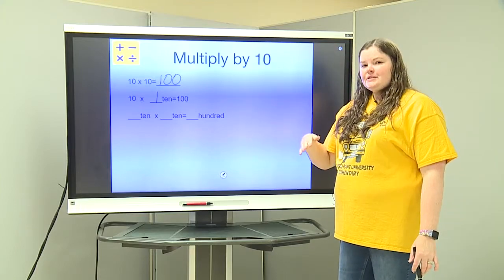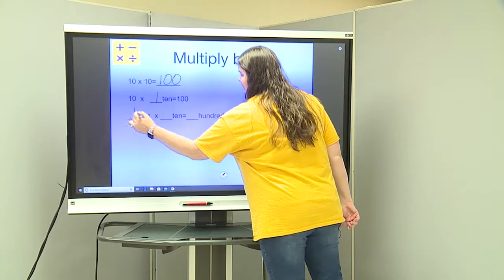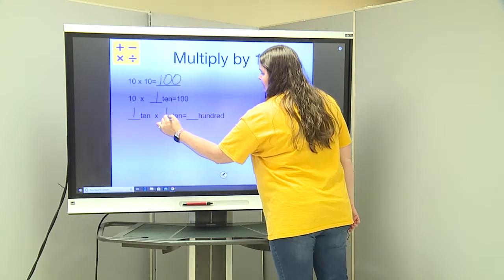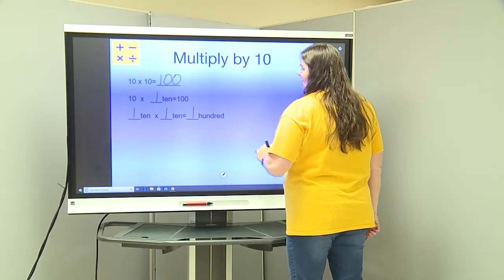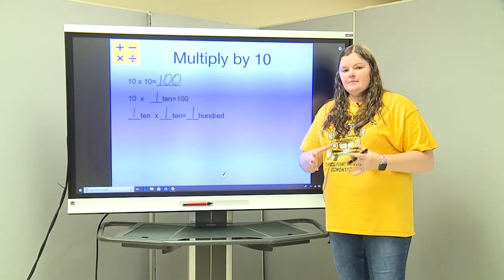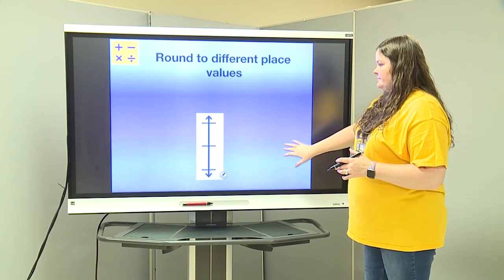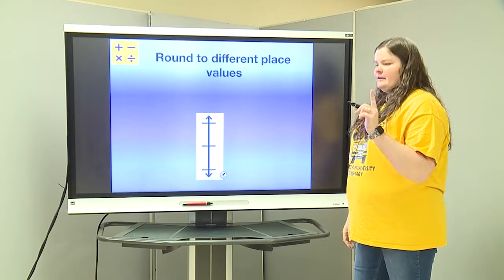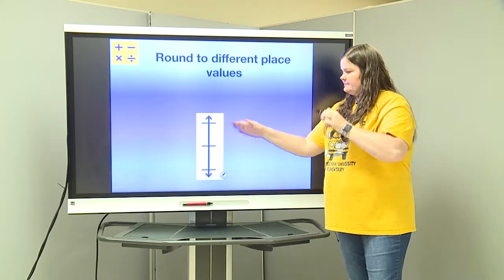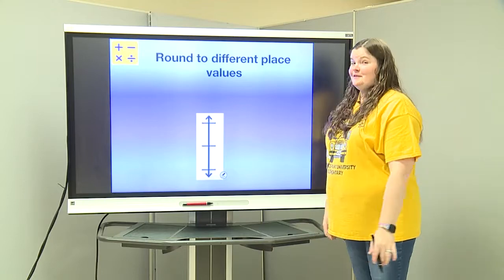We're still using the 10 times 10 equals 100. I just broke it down in unit form. Good job. The only time we're going to be using the vertical number line, not the place value chart, is for this fluency activity.